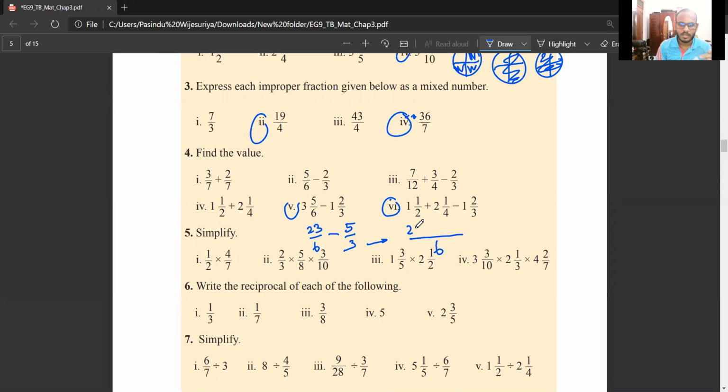So here it will remain 23 over 6. Then this number will become 10 over 6, because how do you get 6 from 3? You have to multiply by 2. So you multiply both numerator and denominator by 2, and that's how you get this. When you subtract, you get 13 over 6. You can keep it as such, or you can put it as 2 1 over 6, which is a mixed fraction.